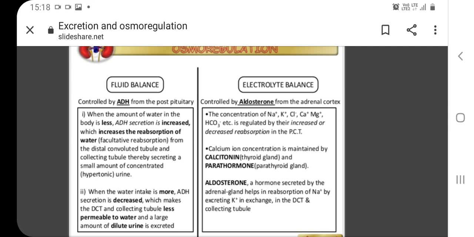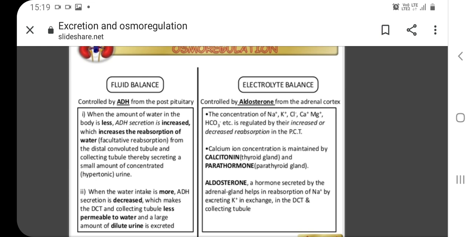When the amount of water in the body is less, the antidiuretic hormone secretion is increased, which increases the reabsorption of water from the distal convoluted tubule and collecting tubule, thereby secreting a concentrated urine or the hypertonic urine.